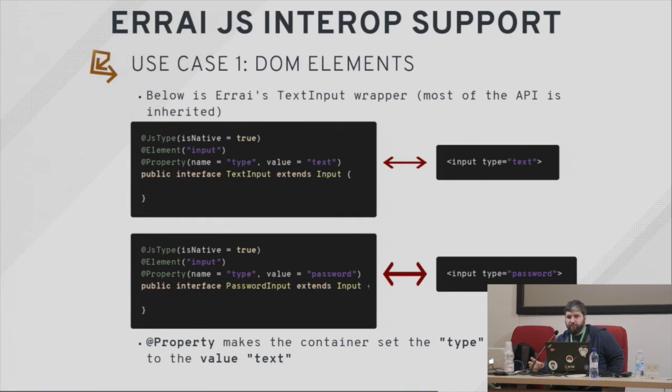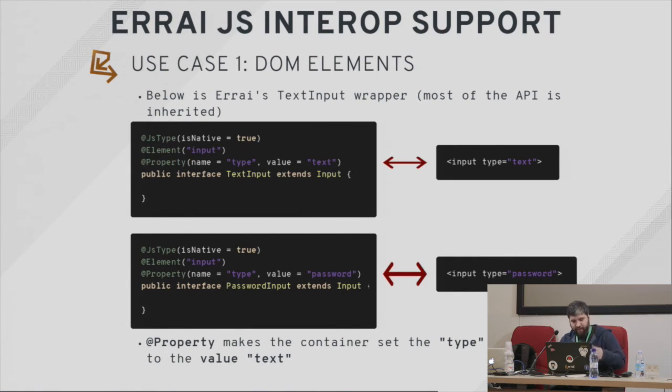Another feature that you can take advantage of is the property annotation, to create different configurations of elements. For example, with GWT widgets, we have text box, integer box, these different types of inputs. To emulate that with the DOM API, you can create different types of input element wrappers.